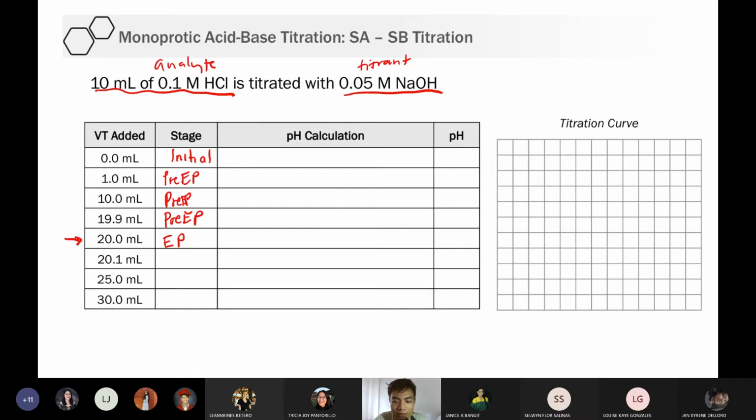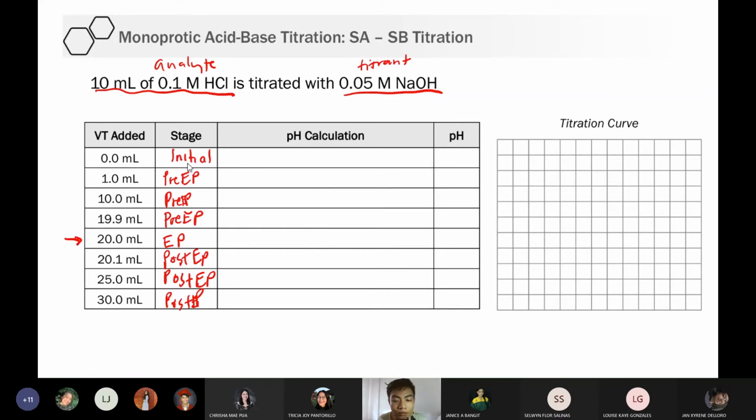Pag lumagpas ng 20 ml, post-equivalence point na yan. Assigning the stages is very crucial, kasi pag hindi mo alam kung asang stage ka, wala kang sagot. Kaya kailangan alam nyo kung nasaan na kayo.